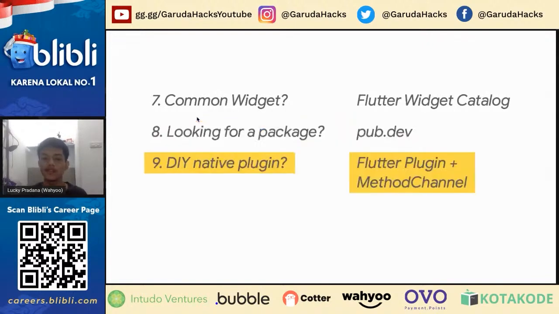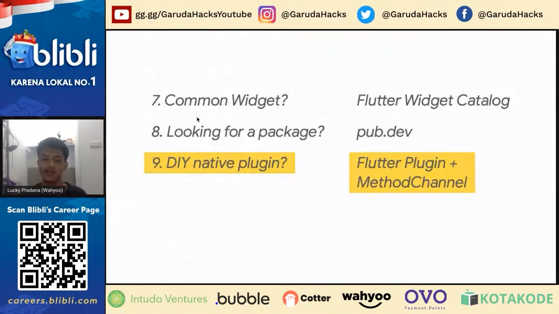And next is DIY native plugin. In Flutter, there are three choices when you're making a Flutter project. The first one is just a Flutter application that you can run on your devices. The second is packages. A package is basically a library, a list of functions that you can share with people.